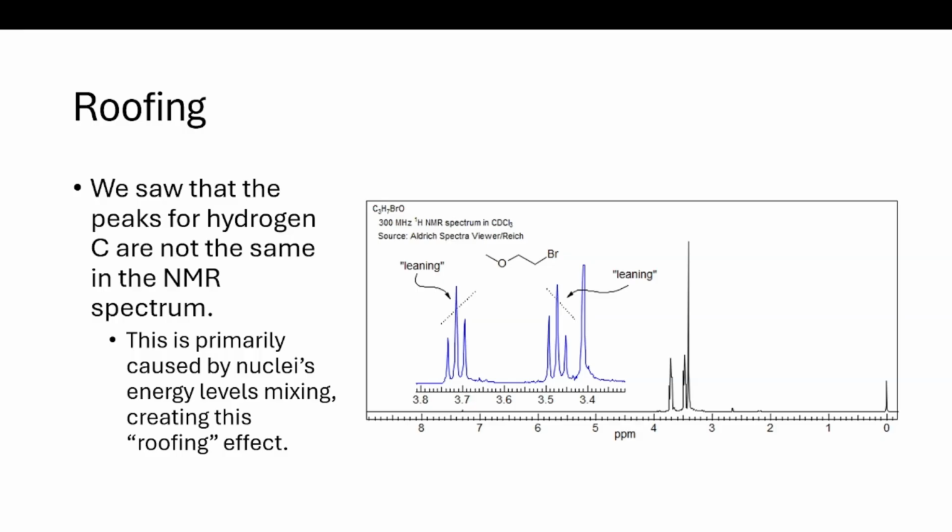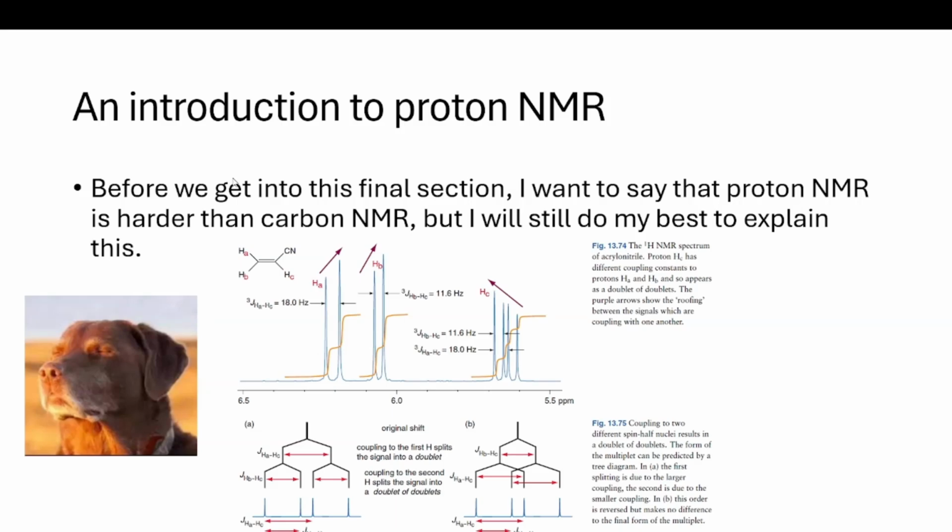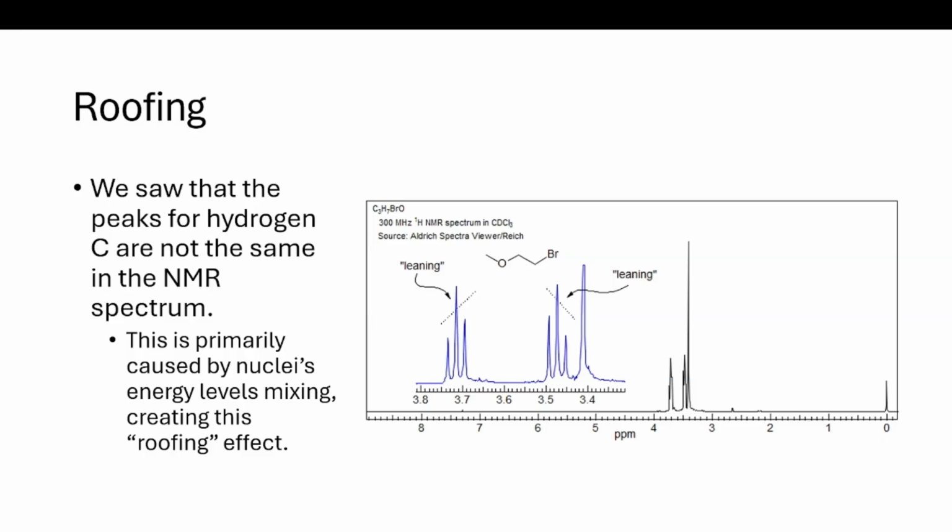So we can see that for this specific compound, acrylonitrile, we have 3 different hydrogens: hydrogen A, hydrogen B, and hydrogen C. Now, an issue, if we look at hydrogen C, is that the intensities just look weird, right? It looks like a house roof that's slanted.